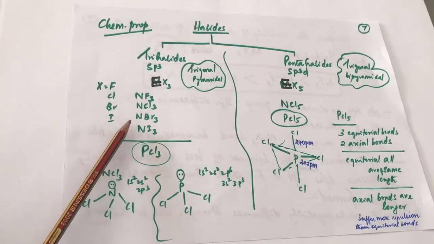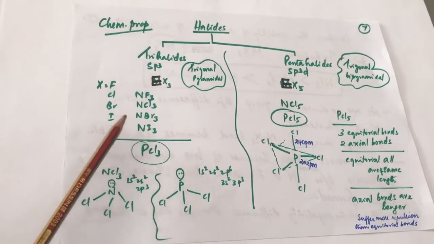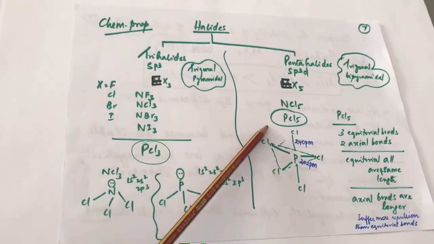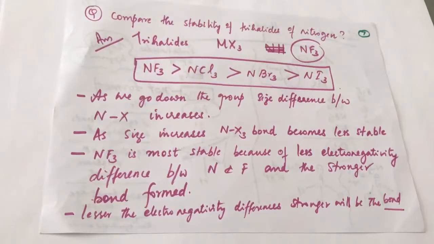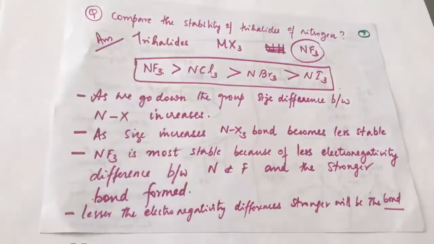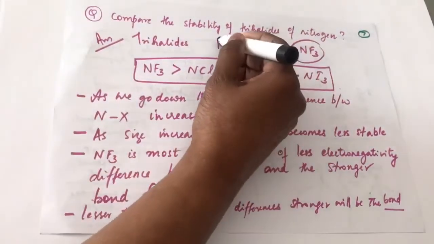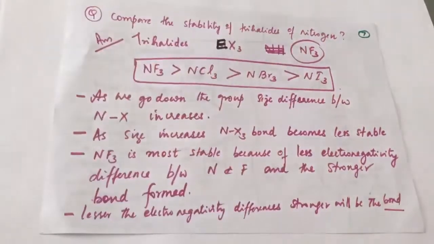If in particular we want to have some particular reactions, for PCl5 and all, we have particular reactions based on this. So then, here we have a question. This is how the question will be asked: compare the stability of the trihalides of nitrogen. The trihalides, the general formula I have given here, I have to make it as EX3, isn't it?